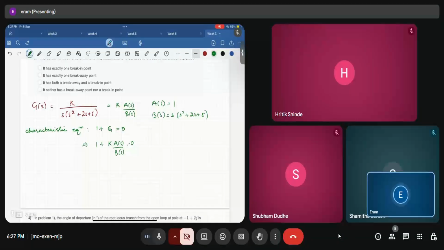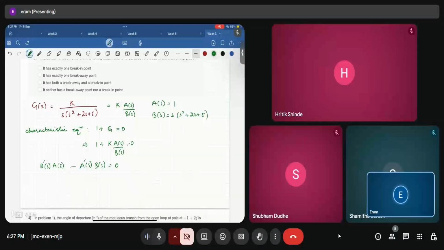Since we have repeated poles at the break-in or breakaway point, this boils down to finding B'(s) into A(s) minus A'(s) into B(s) equals 0, where B' and A' are the derivatives of B and A with respect to s.